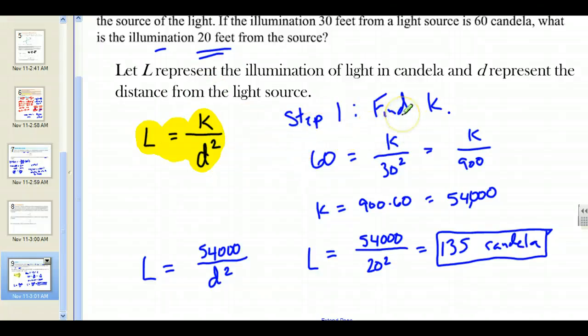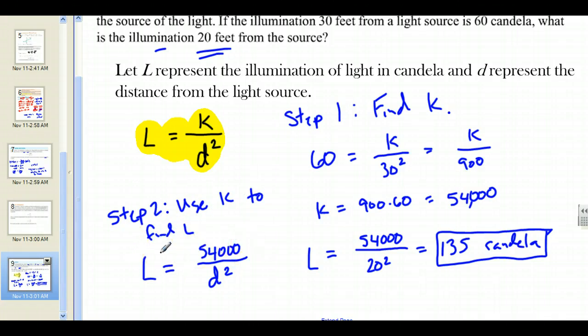Step 1, find k, and step 2, use k to find L, or D. It could have given us L again and had us find D, but anyway, it's a two-step process. Usually you need to find this constant of variation, and then after you've found it, you can use it to solve another part of the problem.